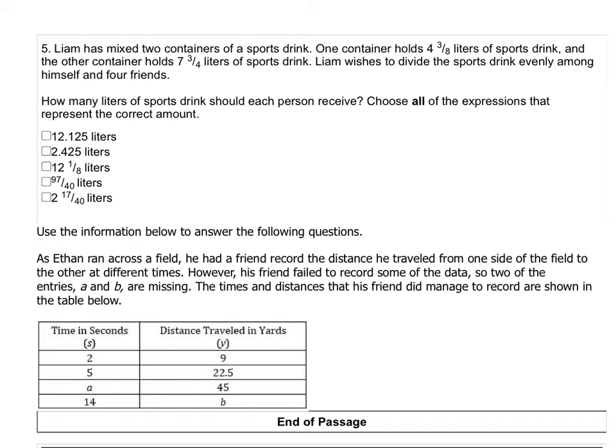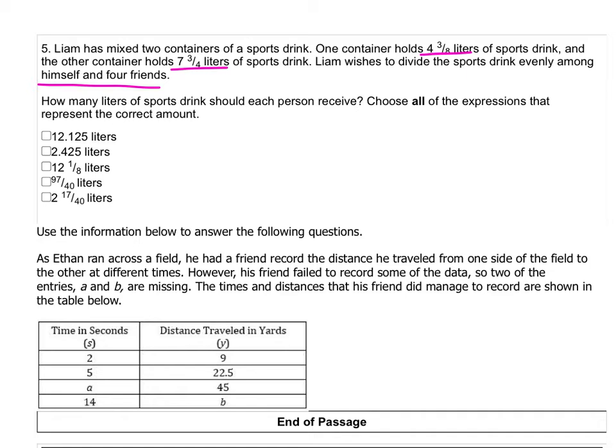Number 5, Liam has mixed 2 containers of a sports drink. One container holds 4 3/8 liters of sports drink, and the other holds 7 3/4 liters of sports drink. He wishes to divide the sports drink evenly among himself and 4 friends. How many liters of sports drink should each person receive? Choose all the expressions that represent the correct amount.